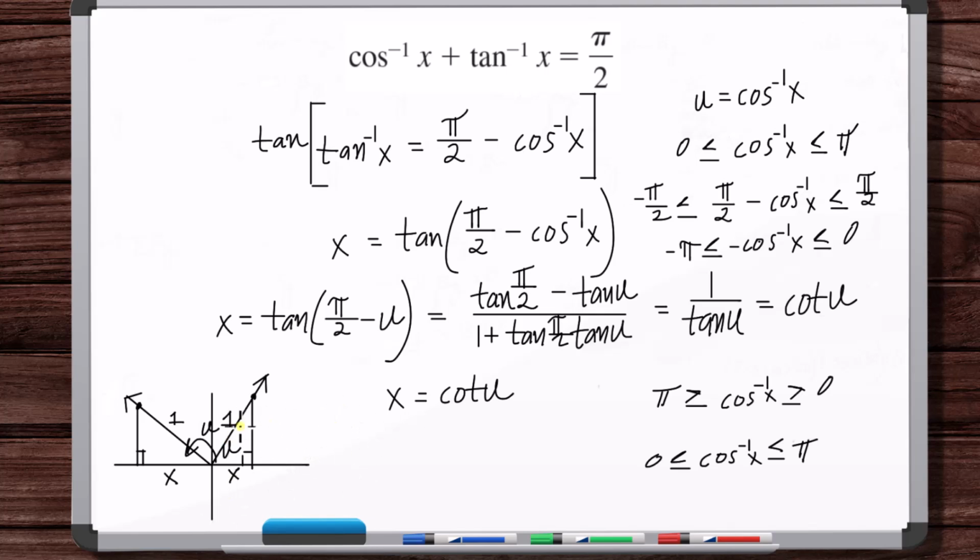So, okay, and there we go. So cotangent is adjacent over opposite. So we've got x is equal to adjacent over opposite. So now we just need to solve this equation here for x.